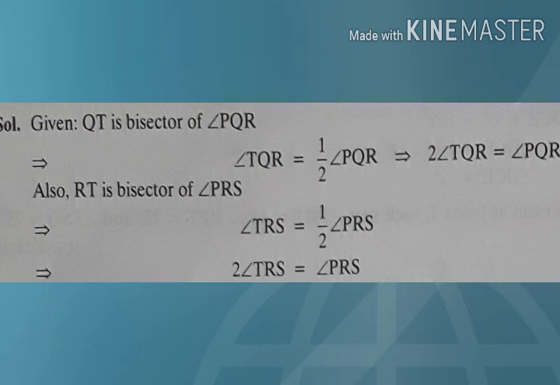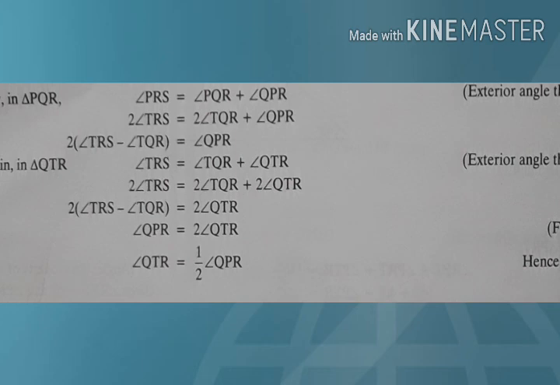Okay. First we got twice angle TQR equals angle PQR. Now we got twice TRS equals angle PRS. Clear? Now we can consider the triangle PQR. In triangle PQR, angle PRS is the exterior angle.